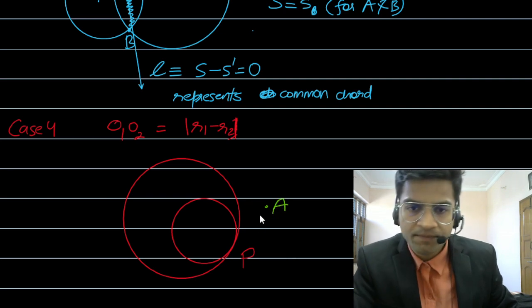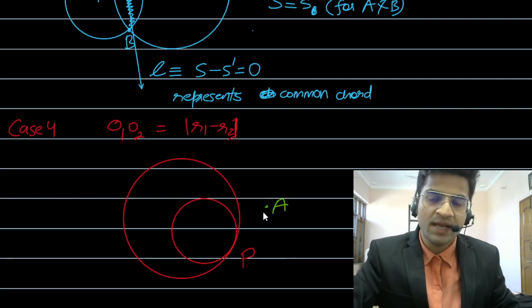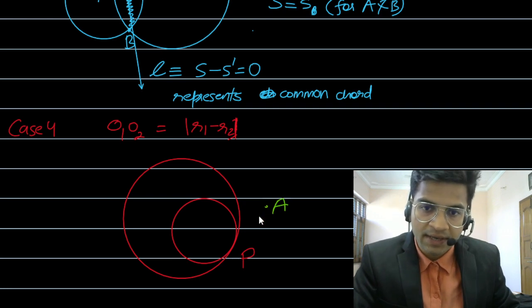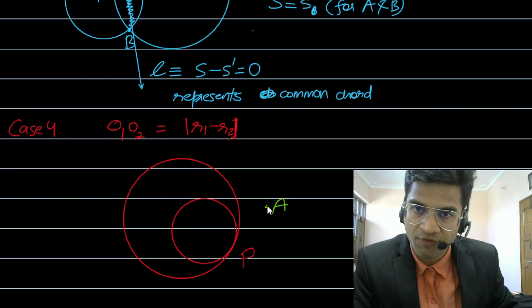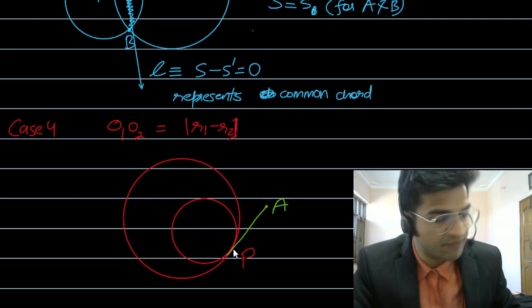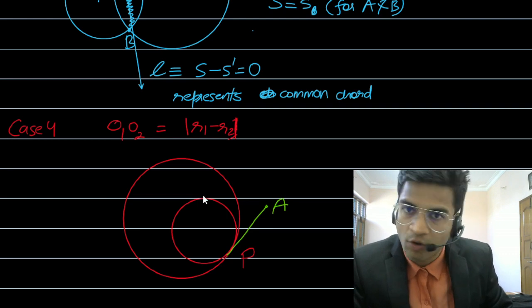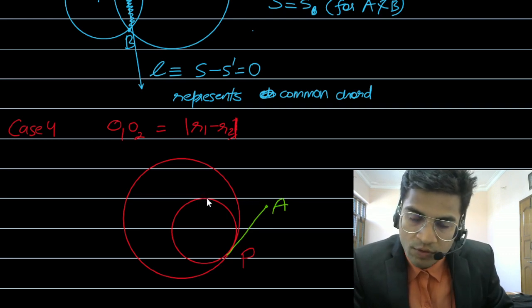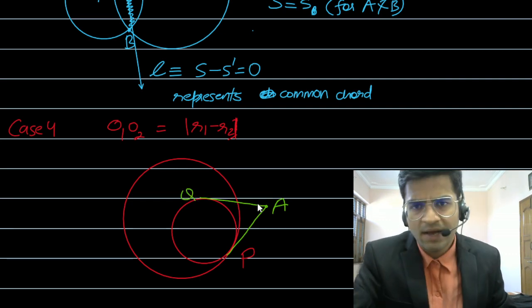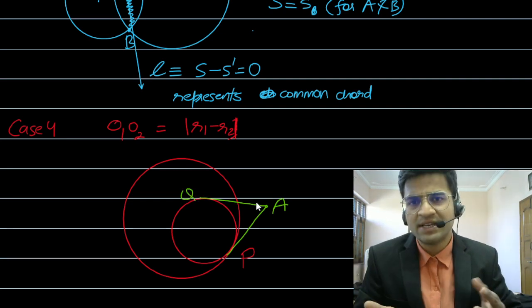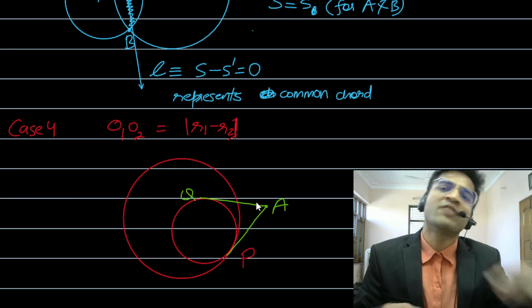It is very clear. If from A a tangent to both circles touches at point P, let us say from A we draw a tangent AP. We can also draw a tangent to the smaller circle, that is AQ. It is very obvious that from an external point we can draw two tangents.